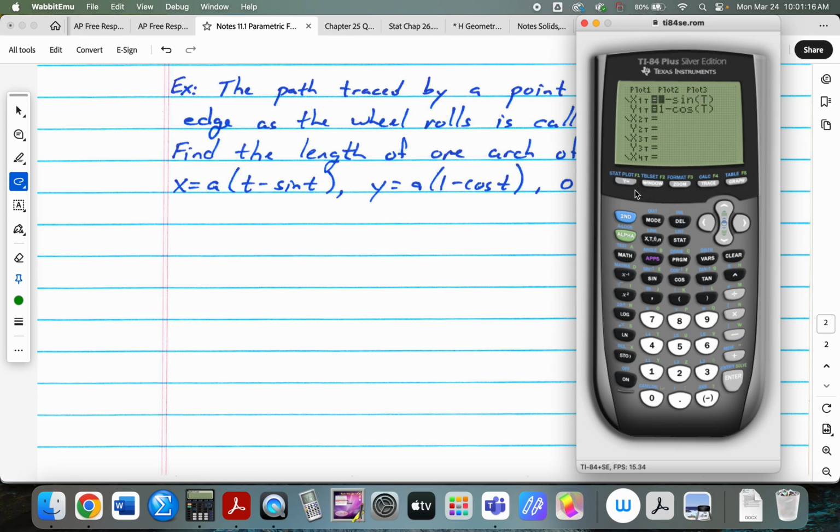I don't know what I did wrong, because the y value should be 0 when cosine is 1.